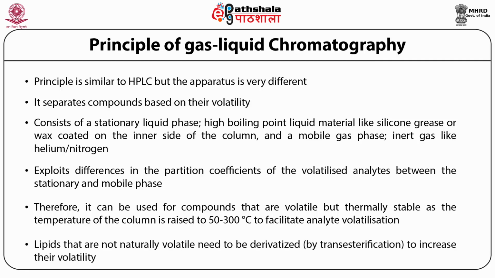So lipids that are naturally volatile will become volatile when the temperature of the column is increased to about 300 degrees Celsius and will be carried by the inert gas out of the column, while lipids that are not naturally volatile need to be derivatized first. There are different derivatization processes. One such process is transesterification. So you derivatize the lipids prior to injecting them into the column to increase their volatility.